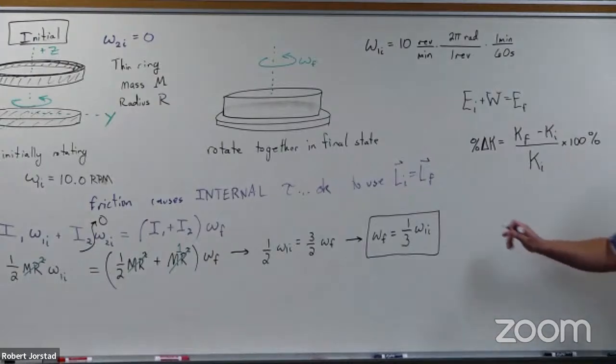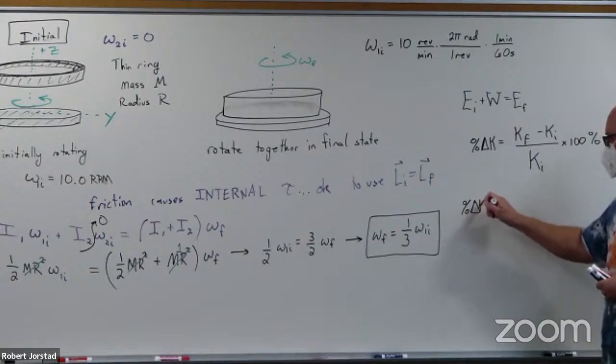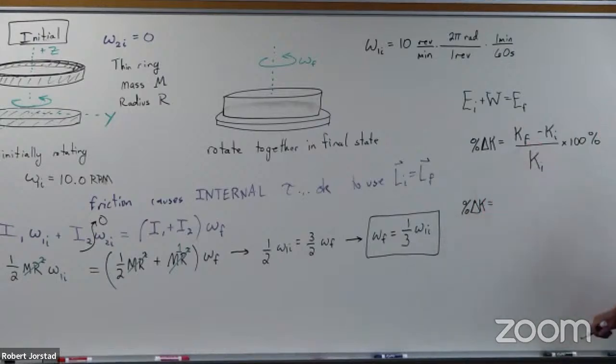In this case, we can actually work this out. K final would be 1/2 I final omega final squared. And there's the reason we're going to get the change. The moment of inertia goes up, but the RPMs go down, and that term is squared. So that's why the decrease dominates.